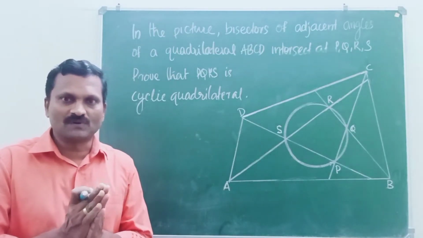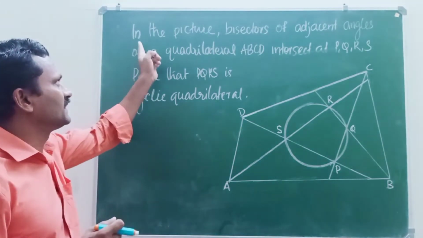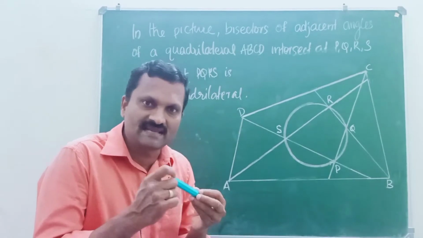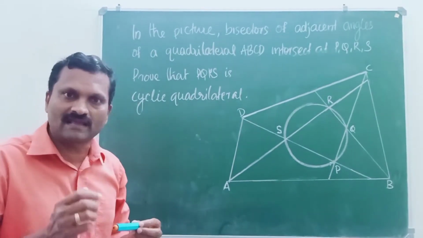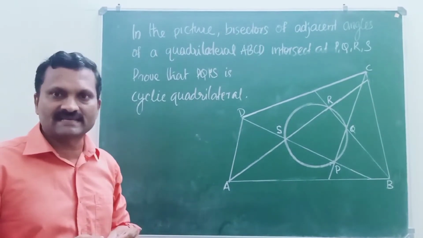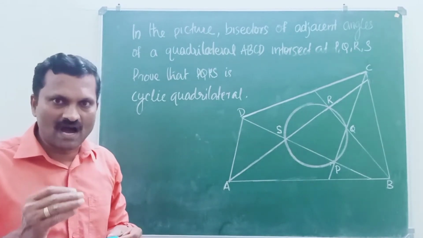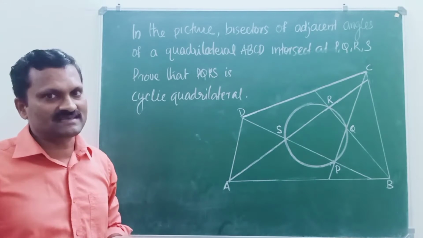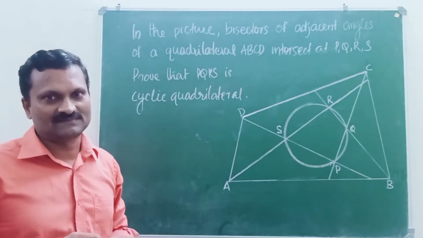We move to the next question. In the picture, bisectors of adjacent angles of a quadrilateral ABCD intersect at P, Q, R and S. Prove that PQRS is a cyclic quadrilateral.